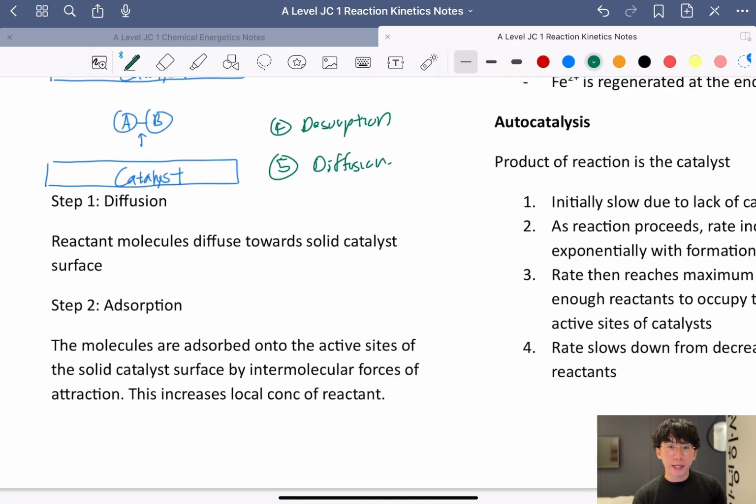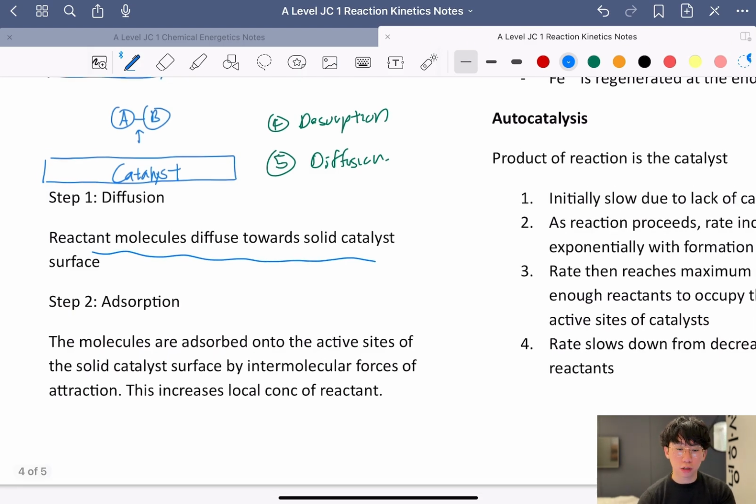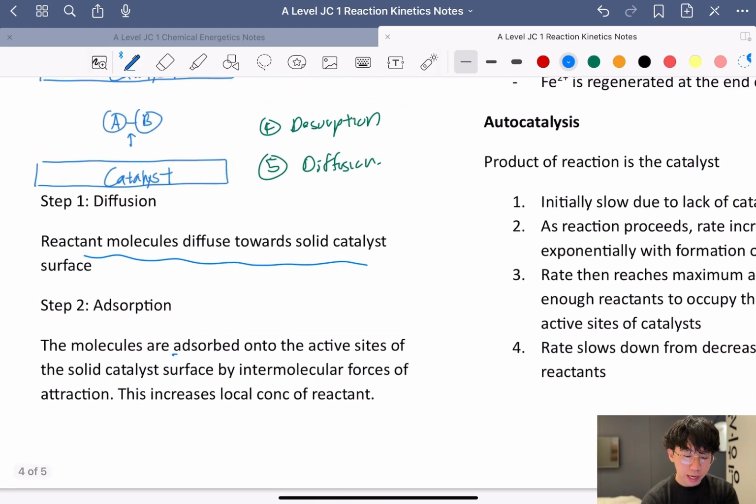So just to run through again, please memorize all the explanations for a heterogeneous catalyst. Exams love to test this 3-mark question related to a heterogeneous catalyst itself. So remember that 1, your reactant molecules diffuse towards this solid catalyst. 2, they are adsorbed onto the active site, so keyword, of the solid catalyst by intermolecular forces of attraction.